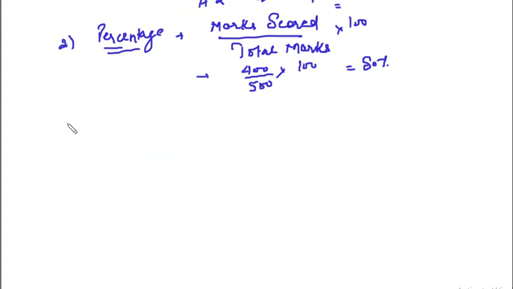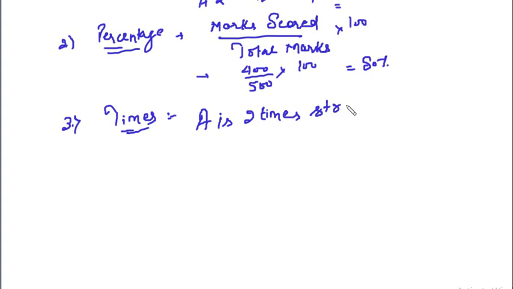Now the third form. Third form is times. When we express something in times, like I'll say, take an example, A is 2 times stronger than B. Right?